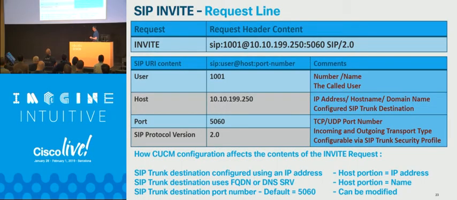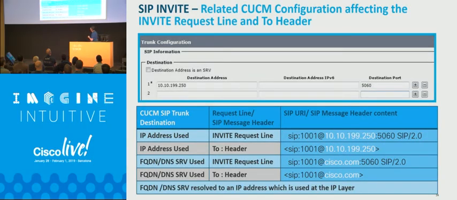And again, if we look at the configuration in Call Manager here, you can see that what I've got is the destination address of 10.10.199.250, but I could put a DNS SRV or a fully qualified domain name in there instead, and that will change what's sent. So if you've got a DNS SRV or fully qualified domain name, you'll see in the invite request and the to header that you're sending cisco.com here, for example, and you just resolve that at DNS to forward the packet on.